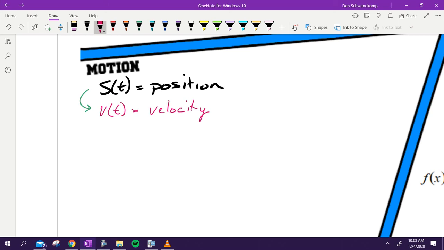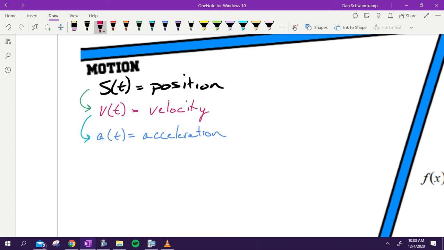That's velocity. That's the derivative of position. If I take the derivative of velocity, what do I get? Acceleration. Those are things that we've done over and over again. I'm not worried about your skills on that thing.